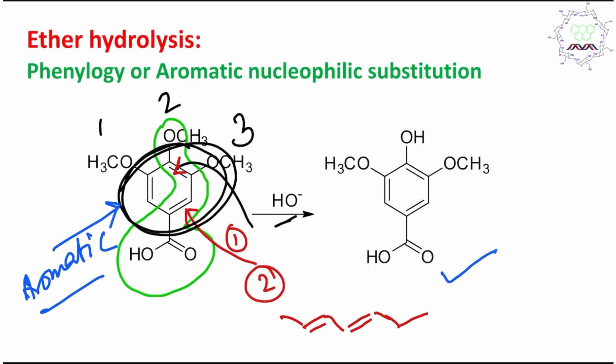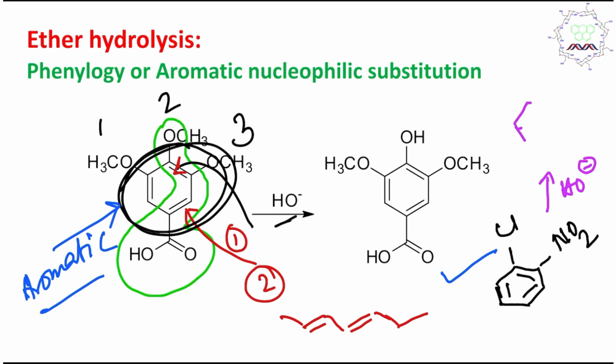And by the way, not only that, if instead you take a compound like, for example, this chlorine, this is ortho-nitro, and if you treat this with alkali, I guess you are all almost familiar with this. What is the product? Through aromatic nucleophilic substitution, this produces ortho-nitrophenol.